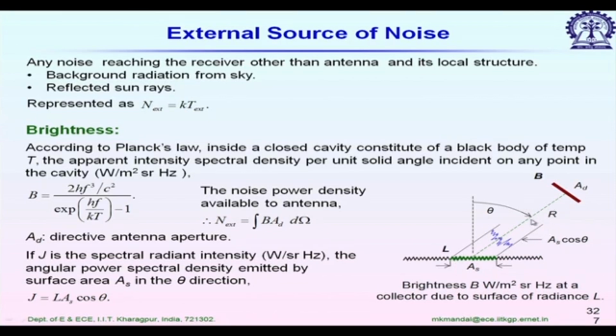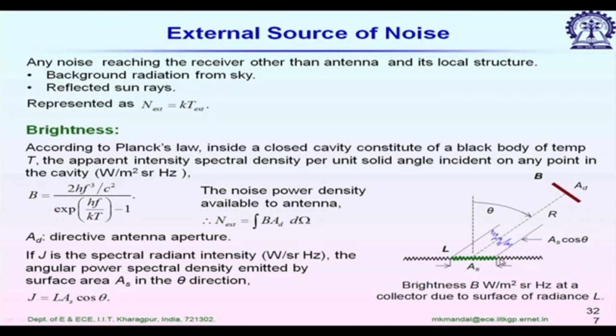Now let's define a parameter J, which represents the spectral radiant intensity, in watt per steradian hertz, the angular power spectral density emitted by surface area AS in the direction theta. So J is equal to L AS cos theta, where L is called the radiance, the brightness per unit solid angle per unit area.